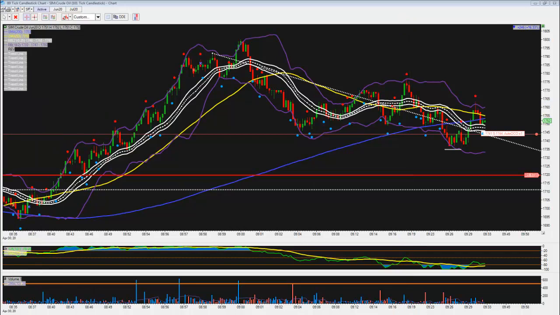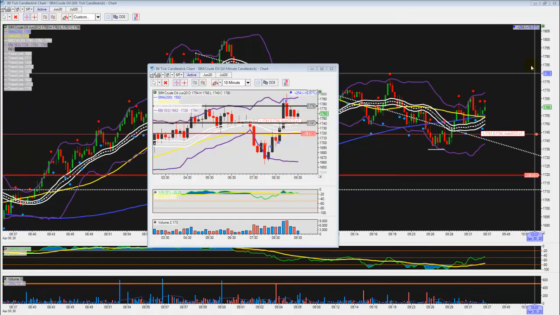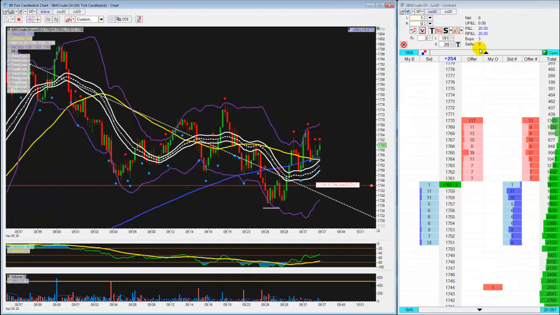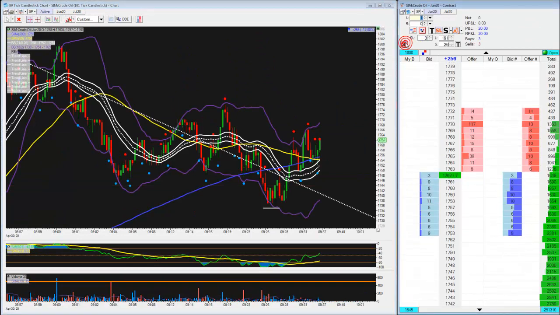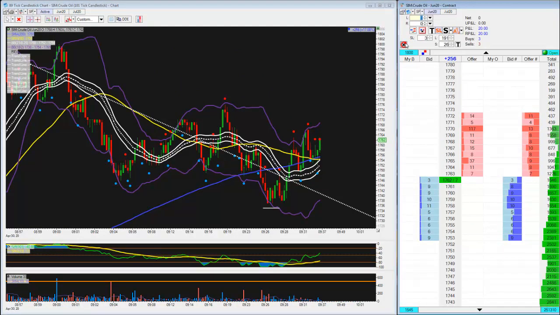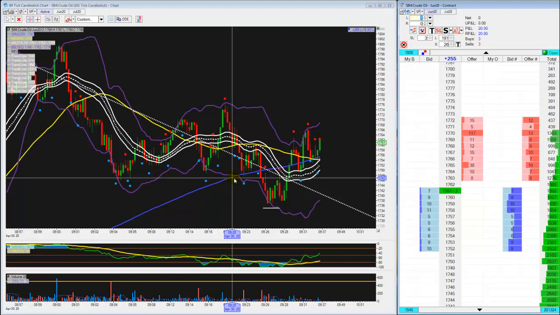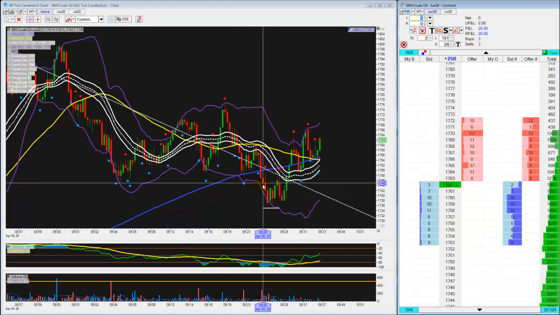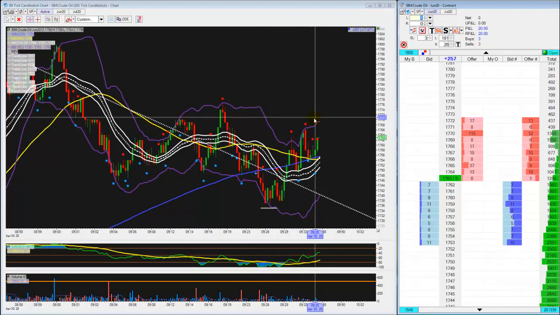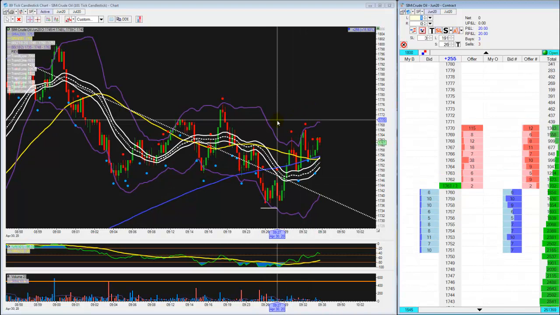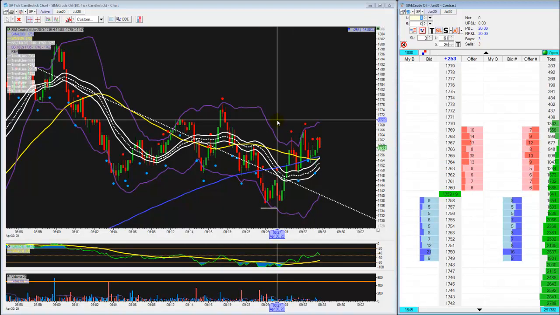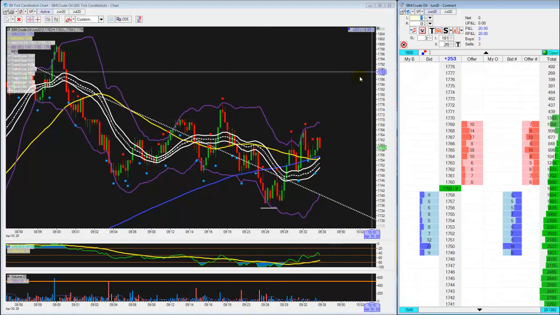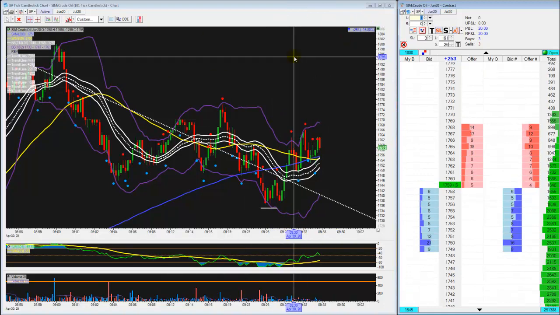All right, let's pause. All right, I don't like this trade setup at all. It broke through here, and then it went back up. Might be a better chance to get it up here somewhere.